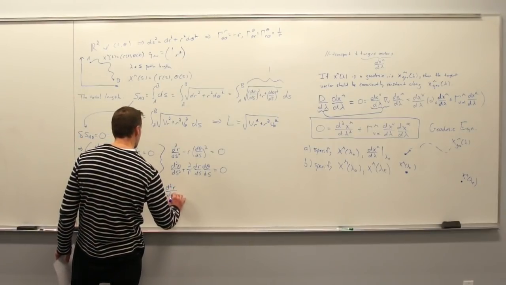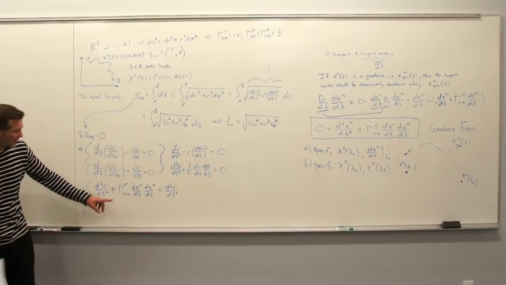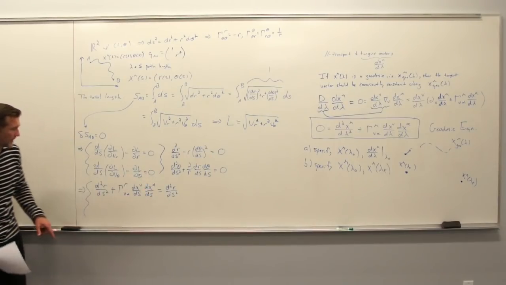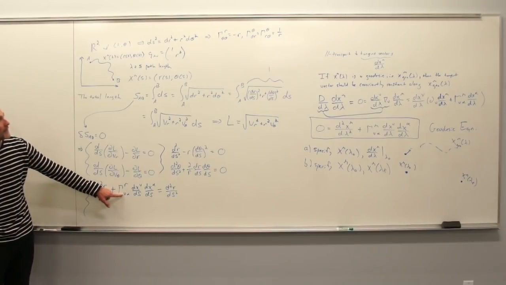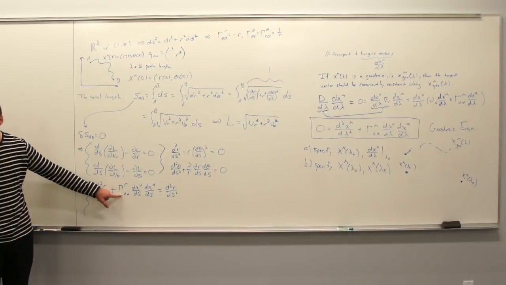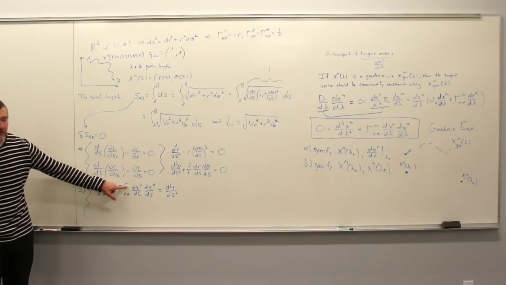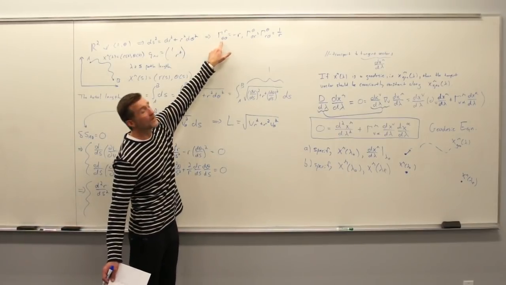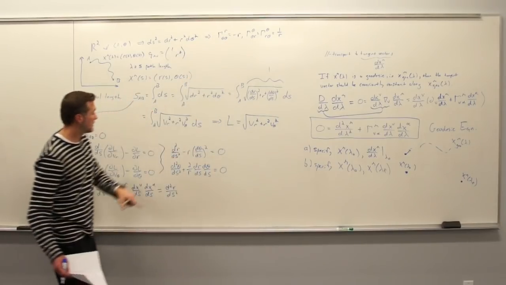d2r ds squared. And now we just have to look here and say, okay, I've got to do a sum over nu and alpha. But I only really need to take into account the terms in the sum that are non-zero. Well, the upper index of the gamma is already r, so the only one that I'm going to get is when the bottom two are theta, theta.